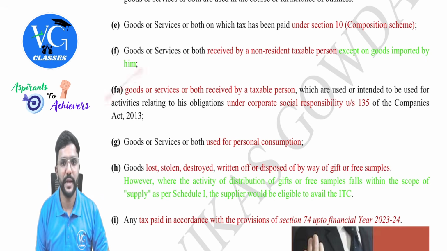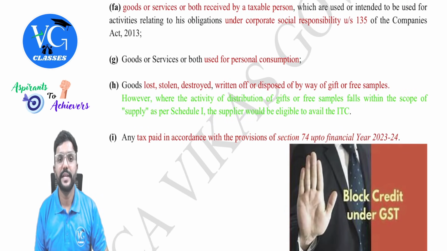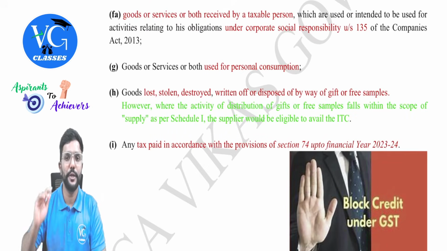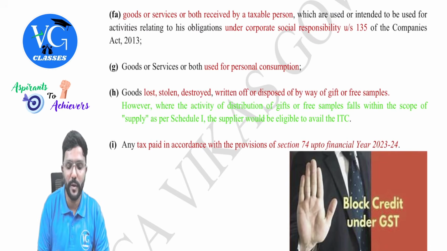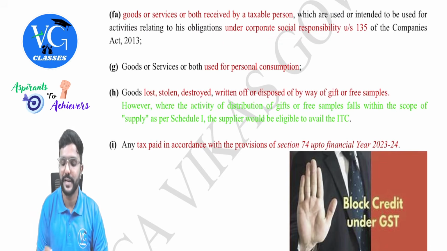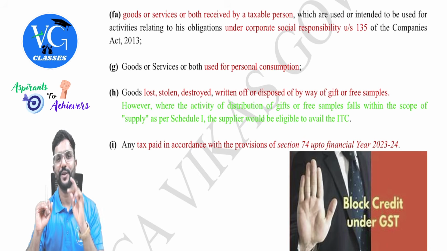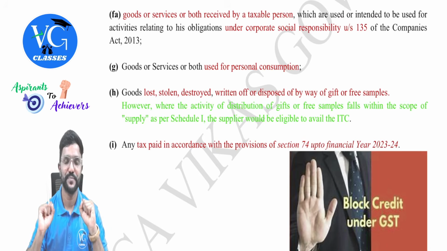Okay. Next, F. So this is connected to income tax also. Goods or services or both received by a taxable person which are used or intended to be used for activities relating to an obligation under corporate social responsibility as per section 135 of the Companies Act 2013. So before I explain this, let me recall your knowledge with respect to income tax.